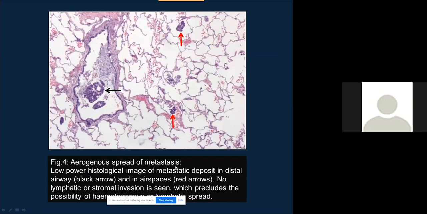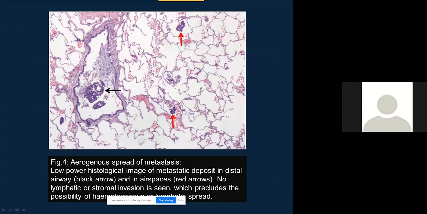So here's an example. We see this is far away from the primary tumor, and we can see a bronchiole with tumor floaters, or tumor cells or islands of tumor cells, within the lumen, and also within alveoli close to this bronchial structure.